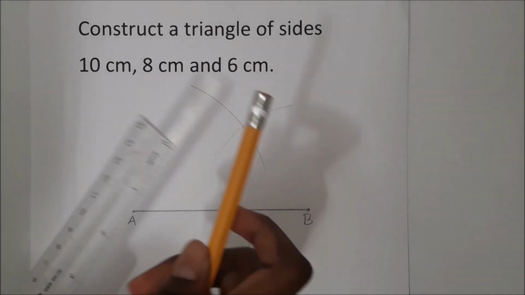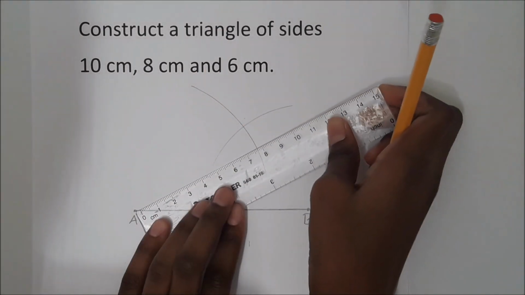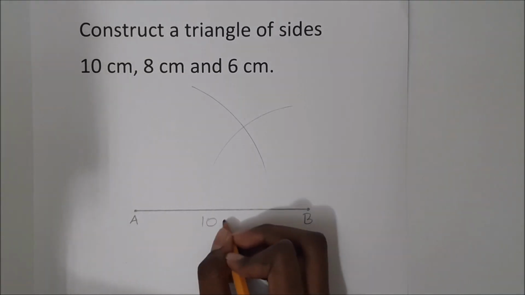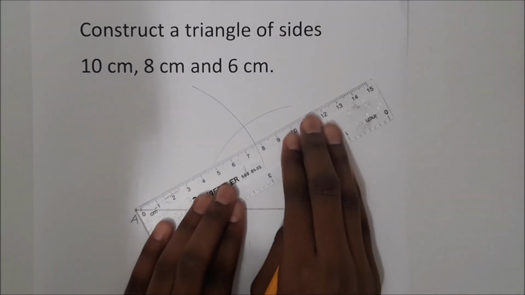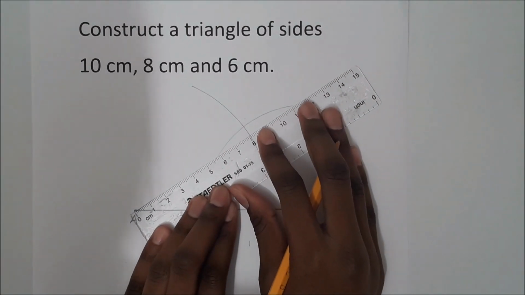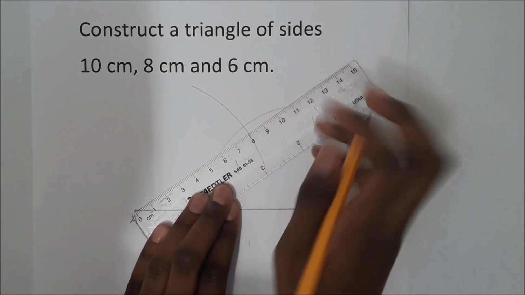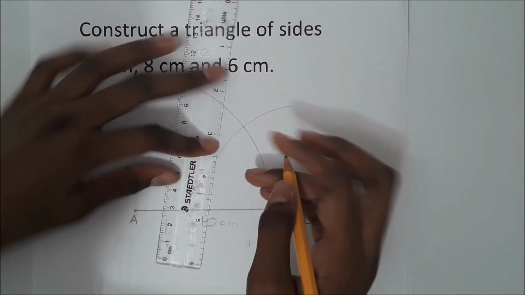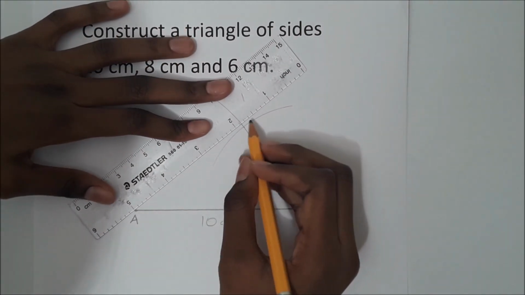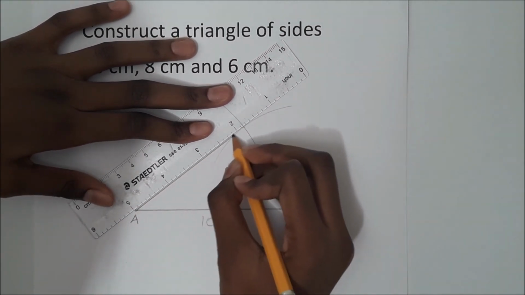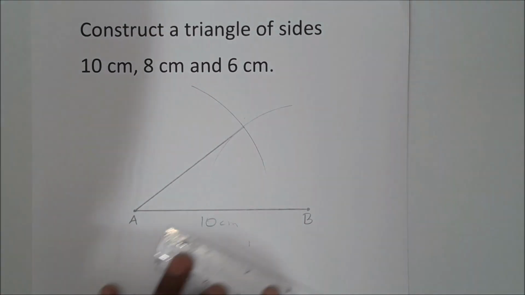Then get the ruler and the pencil and draw the lines. This is a 10 centimeter line. The one you're drawing now, how big would that be? 8 centimeters. So draw a line from where the arcs intersect to point A. Good.